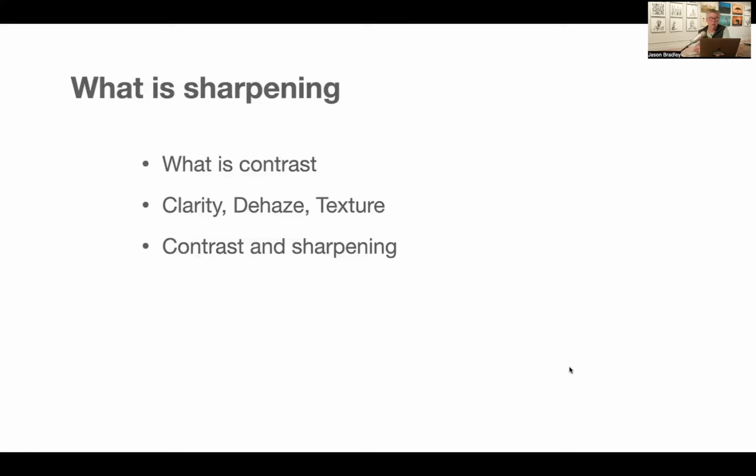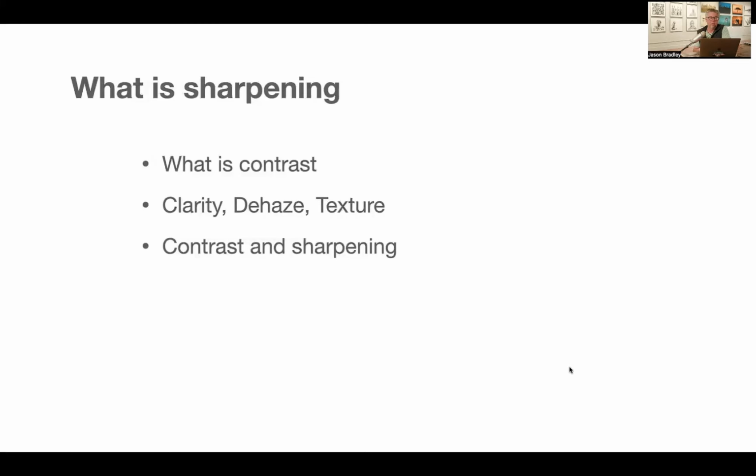So here's texture all the way up, texture all the way down. Notice that there's not an expansion or a contraction of midtones here. It's just a defining of those lines or those areas where contrast already exists. So that's really what we want with contrast. That's what those sliders do.